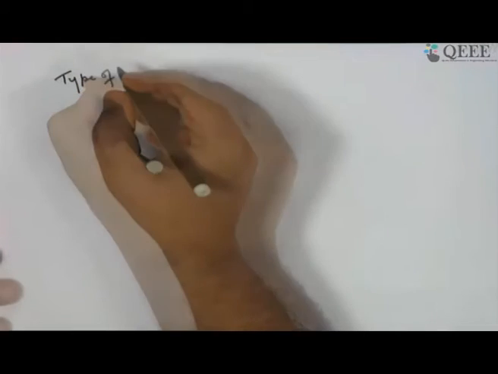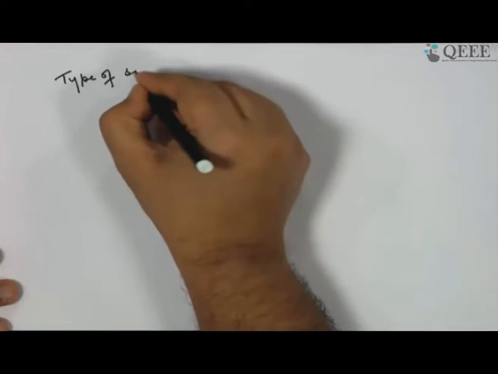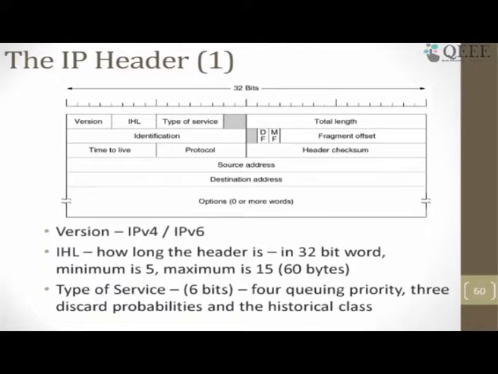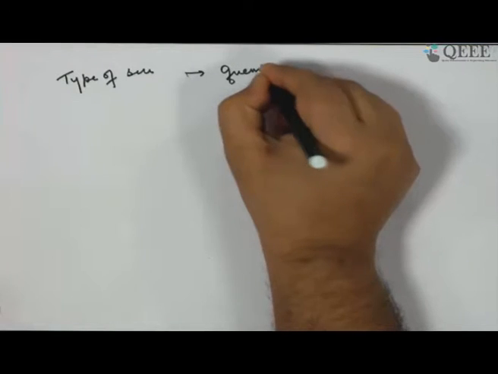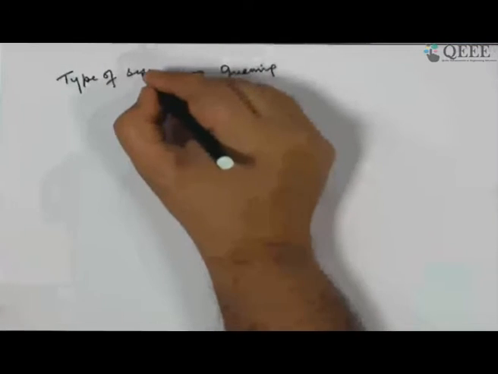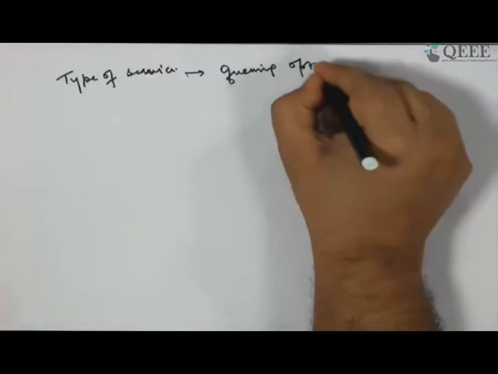So there can be 60 bytes at most. Now the third point is type of service. You can think of it as what type of service, what type of queuing options.